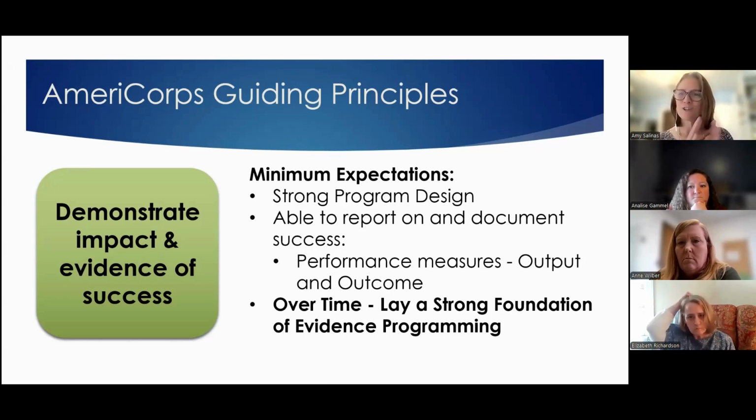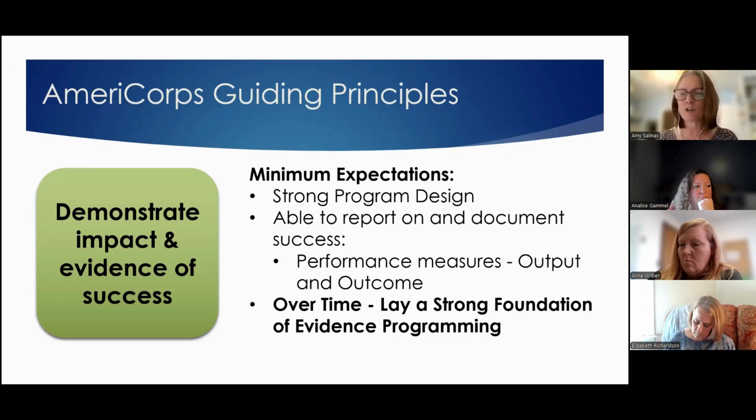So it's kind of twofold. The time before, when you're writing your application, you have to give some information that's saying, hey, we think these activities are likely going to work. And then there's after, you're going to have to be able to decide on information you can collect to share the story of your program and to share your evidence. We'll talk more about that in a bit.